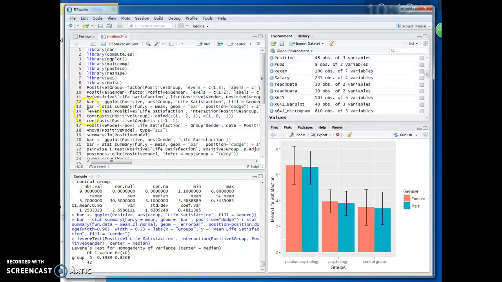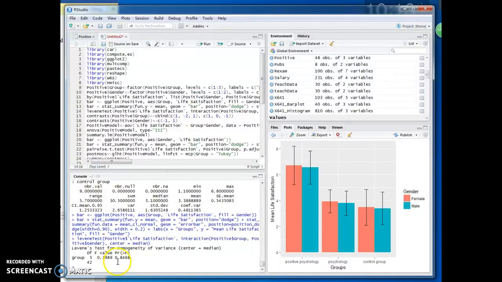By using this function, we got a p-value of 0.8, which is larger than 0.05, and which indicates that there is a non-significant difference between group variances.